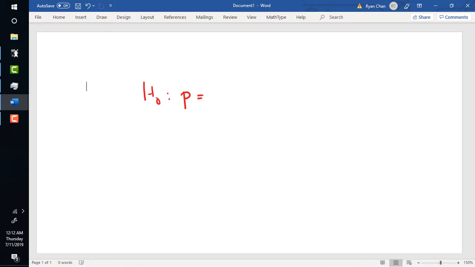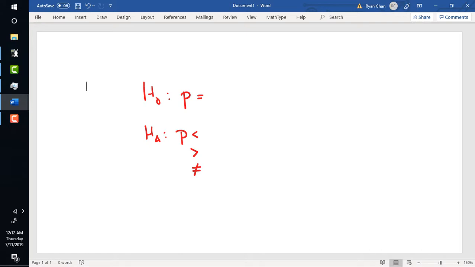But when I have the alternate, it's going to be one of three symbols: less than, greater than, or not equal to. The null is pretty easy. It's always going to be P is equal to some number or some percentage.